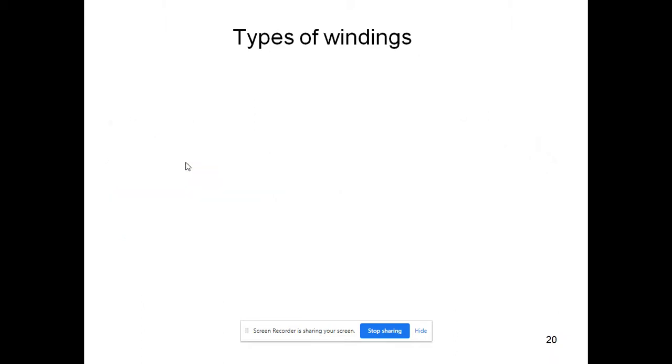And now let us go to the next topic, that is types of windings. Mainly there will be two types of windings. One is lap winding and the other one is wave winding.